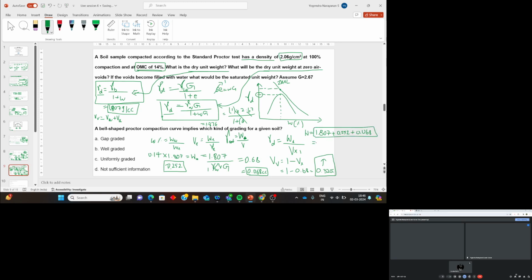So you get 2.127. The volume we are considering as 1 cc. So gamma sat is 2.127 gram per cc.